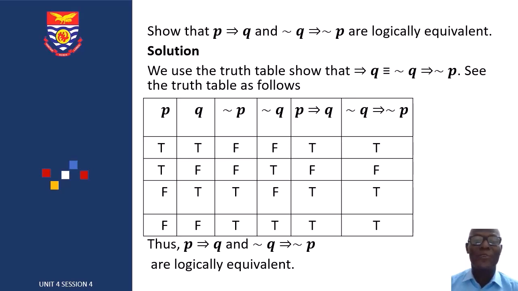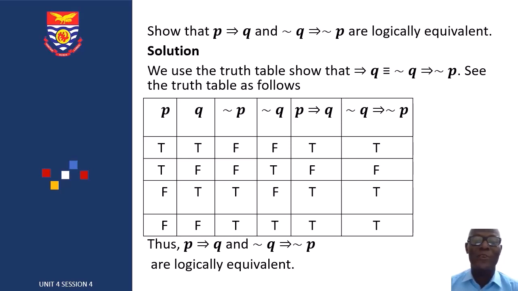If the negation of Q is true and the negation of P is false, the negation of Q implies negation of P is false, since the first statement is true and the second statement is false.